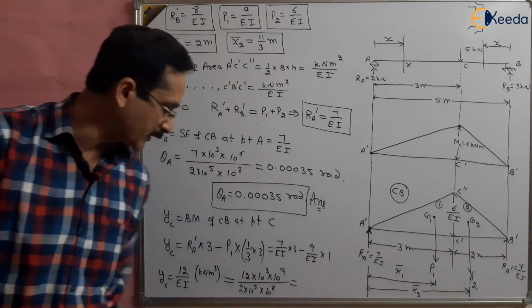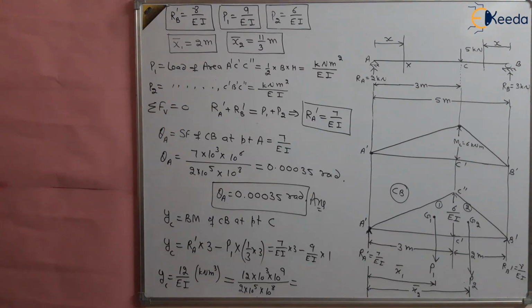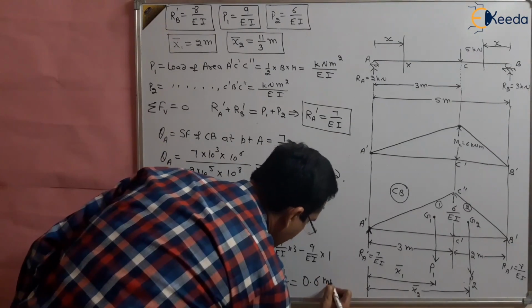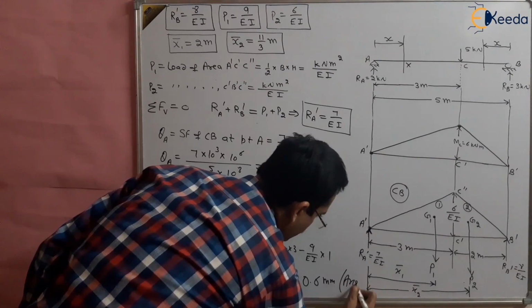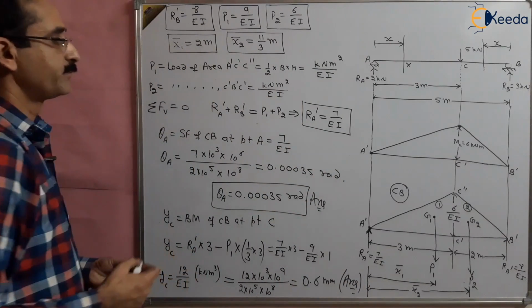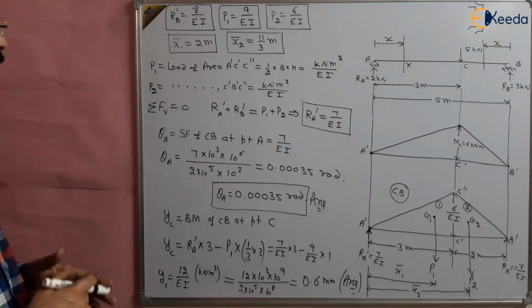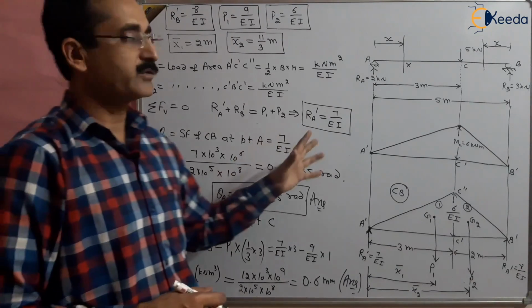The answer will come in millimeter, right? Solve it and you will get 0.6 millimeter. This is the last answer of this question, right? So this is how we can find the deflection and slope at any point using the conjugate beam.